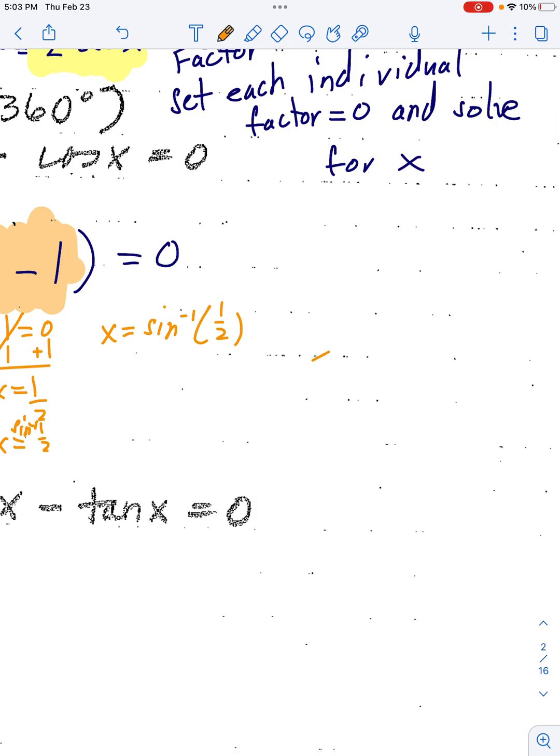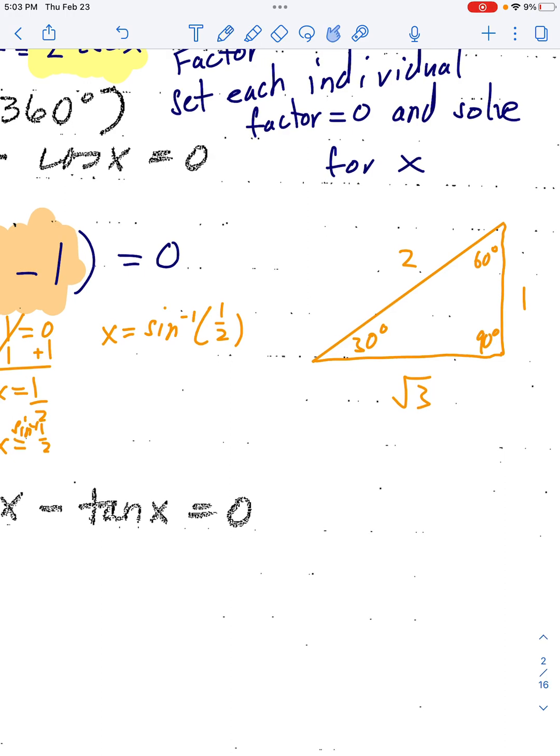If I draw my special right triangles here, I'm going to draw one of them. All right, this is 90 degrees, 30 degrees, 60 degrees, 1, √3, 2. Okay. Which angle here has a sine of 1/2? 30 degrees. Opposite over hypotenuse is 1/2. So our answer is going to be 30 degrees, and then let me draw my TSAC stuff.